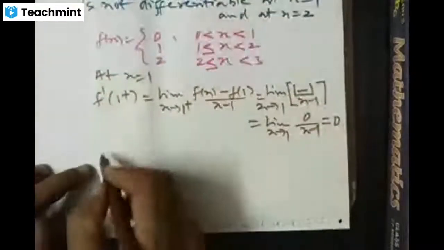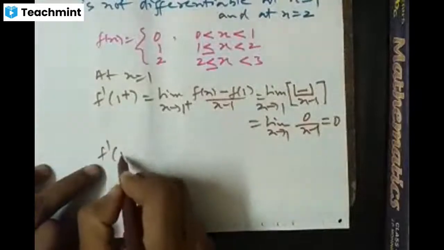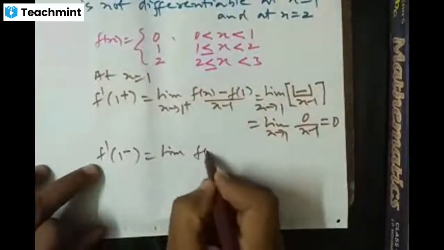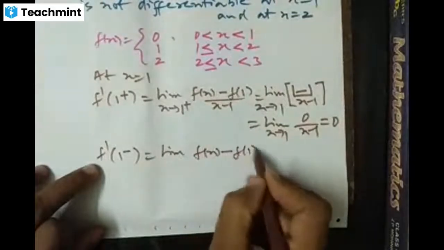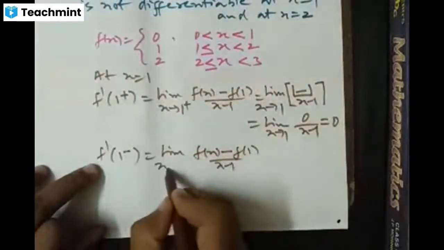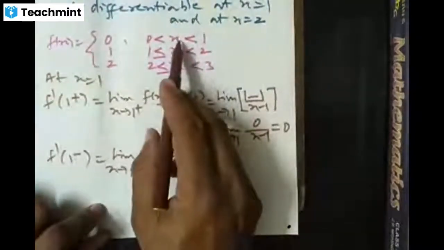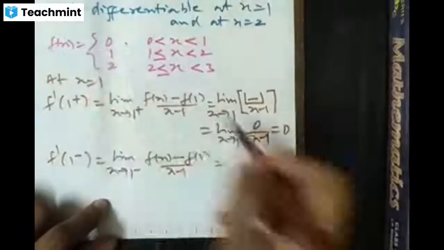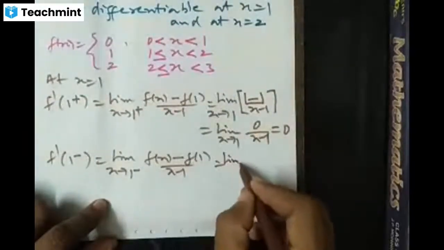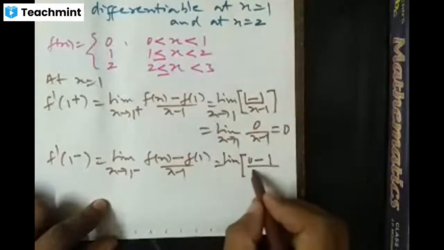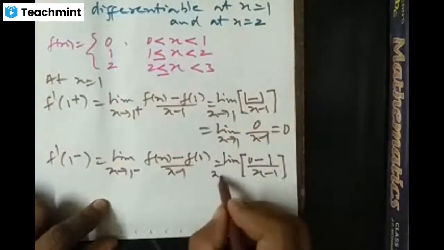Next we shall find the left hand derivative of the function at x is 1. So limit of f of x minus f of 1 by x minus 1 as x tends to 1 minus. When x tends to 1 from the left side, obviously x takes values which are less than 1. In that case f of x is 0 and f of 1 is 1, divided by x minus 1 as x tends to 1.